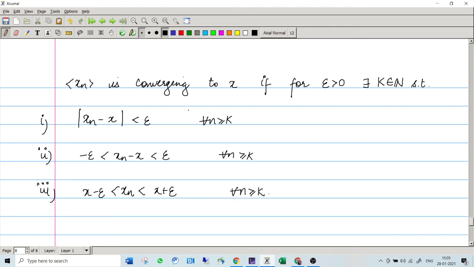So if we write in any of these three manners, these are one and the same.